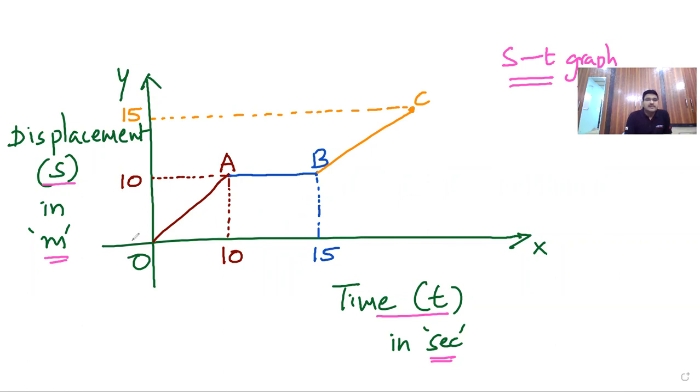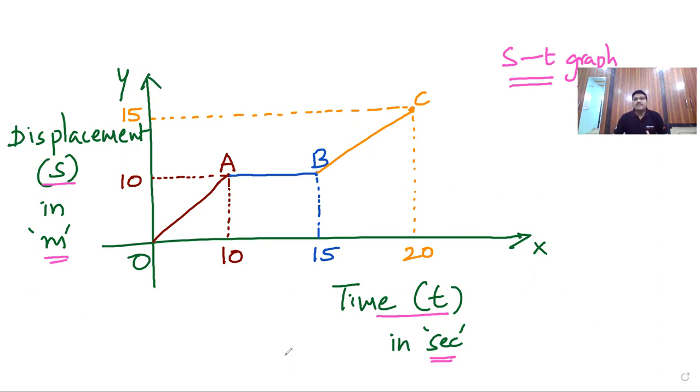All are in meters on the y-axis. And it cuts the x-axis at 20 seconds. How is the clarity in the graph?